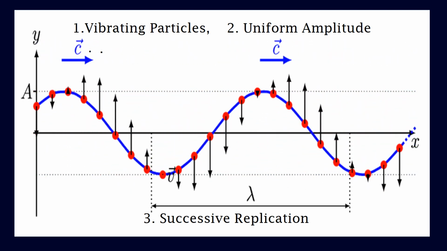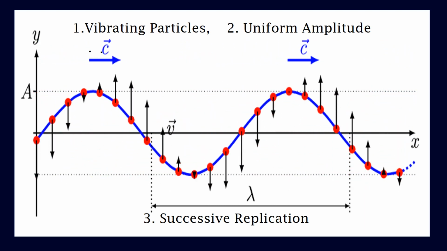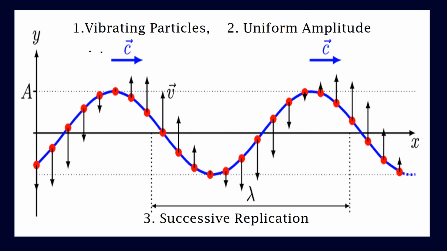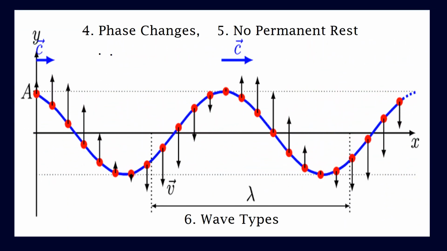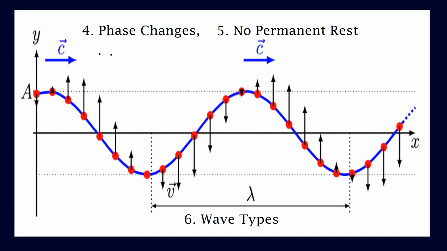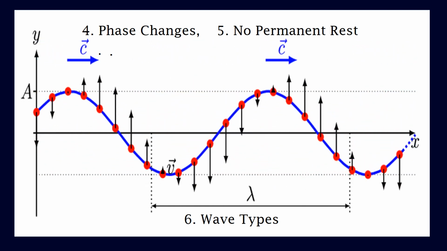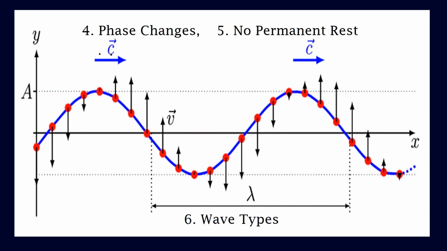Successive replication: successive particles imitate the motion of their predecessors, but at a slightly delayed time. Phase changes: the phase of each particle shifts from 0 to 2π during its vibration. No permanent rest: no particle stays permanently at rest. They reach the extreme position at different times.